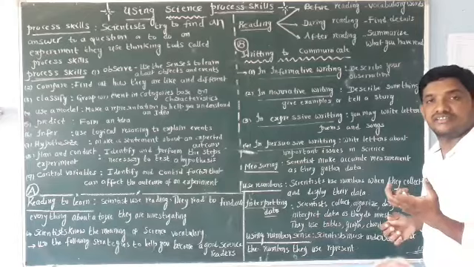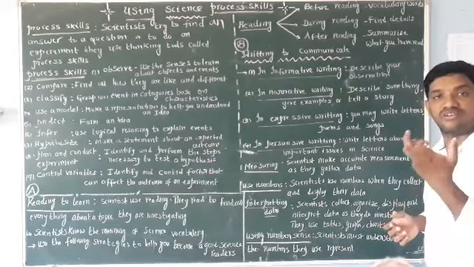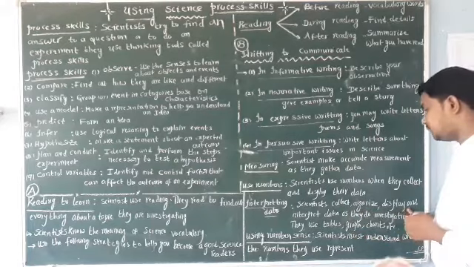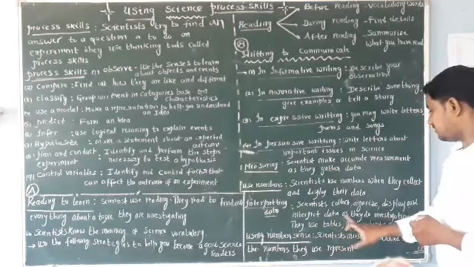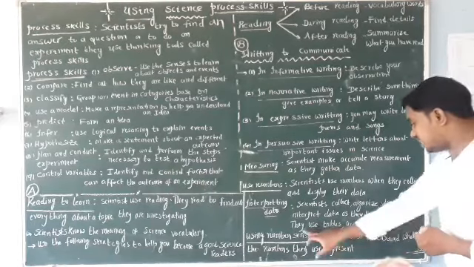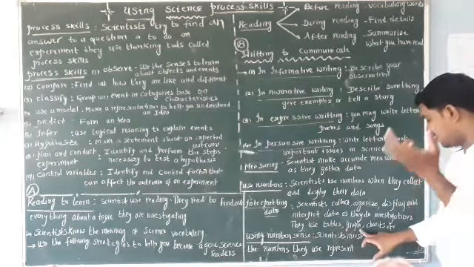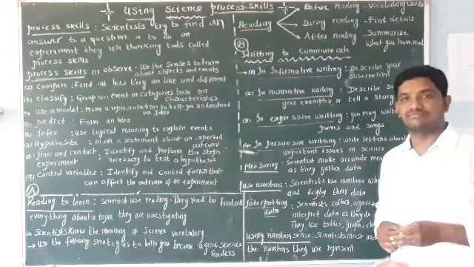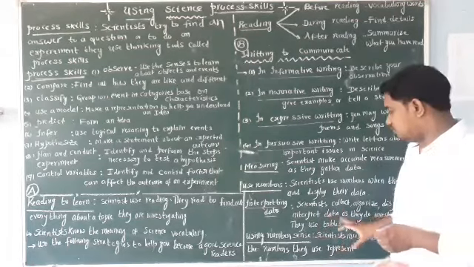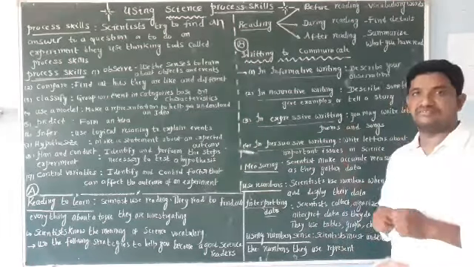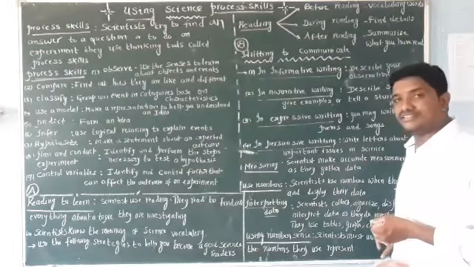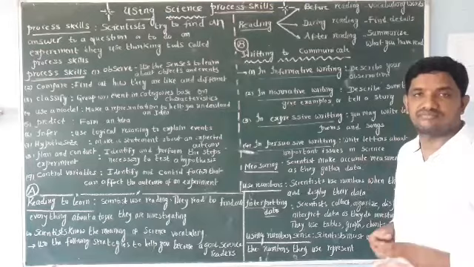Interpreting means analyzing the data. Scientists collect, organize, display and interpret the data. As they do investigations, they use tables, graphs, charts, etc.